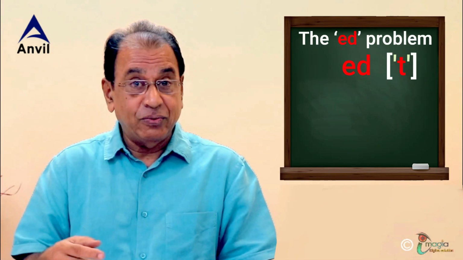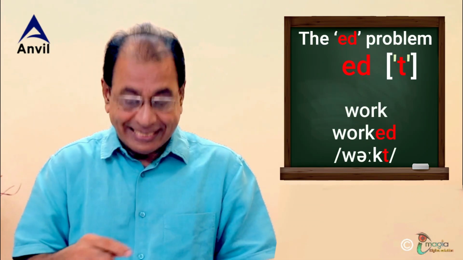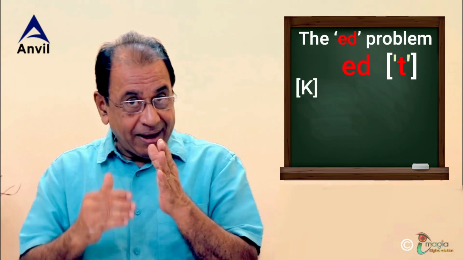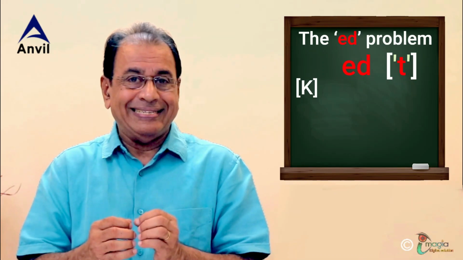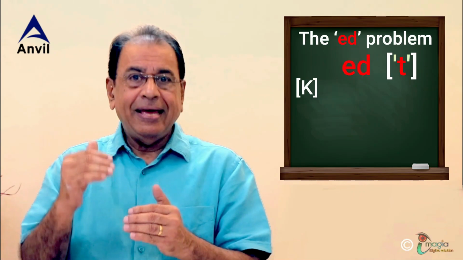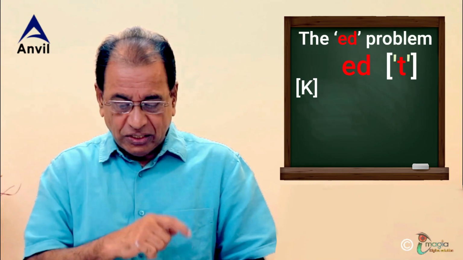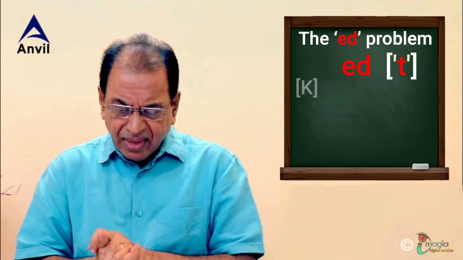Then we have the third word, W-O-R-K, work, worked. So what we can sum up from these three examples is that normally all those words that end in K are pronounced T. Walked, talked, and worked.